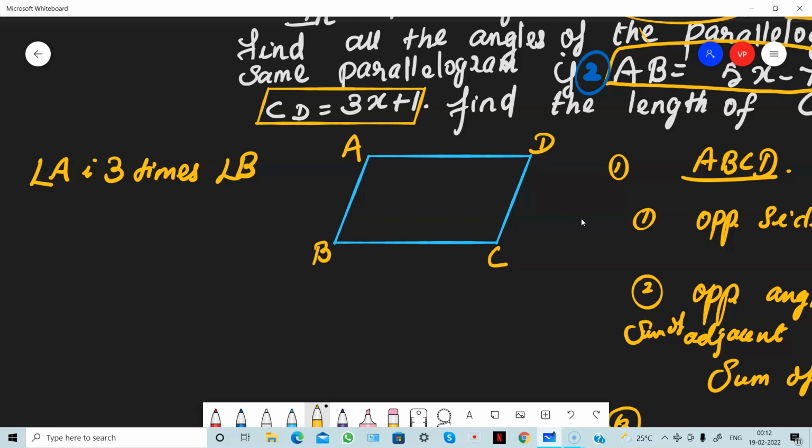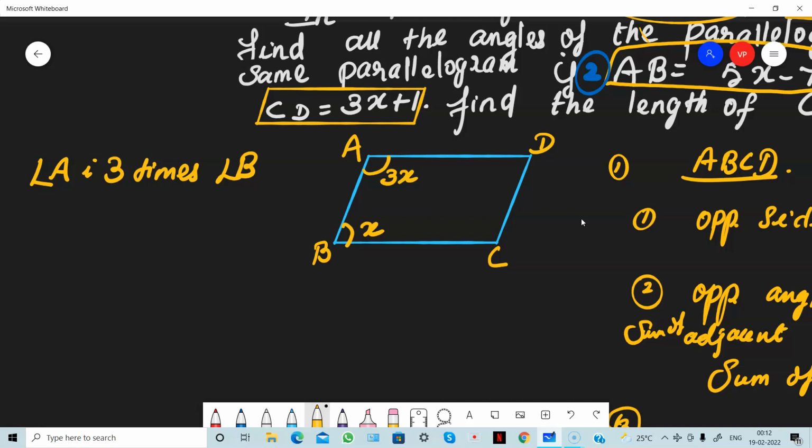What do you mean by that? If angle B is x, then angle A will be 3 times x. Do you understand? This is very important, where you don't understand every time.